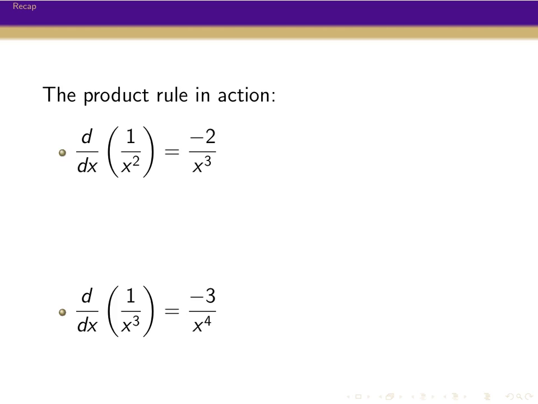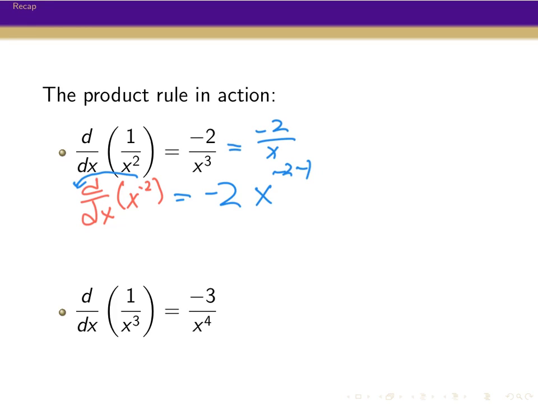And so if you look at both of these, we can think about 1 over x squared as being the same thing as x to the minus 2. Well, what did we get for the derivative? That minus 2 pulled out. So we get the minus 2 pulling out, and then we have x to the minus 2. If we subtract one more from that, we get minus 3. So this is minus 2 times x to the minus 3.